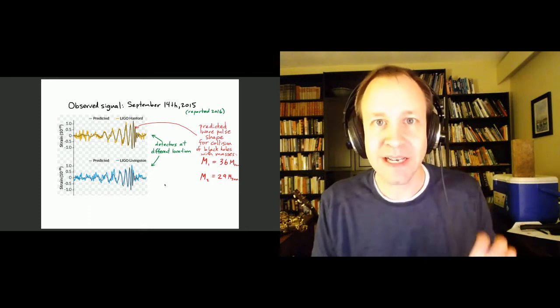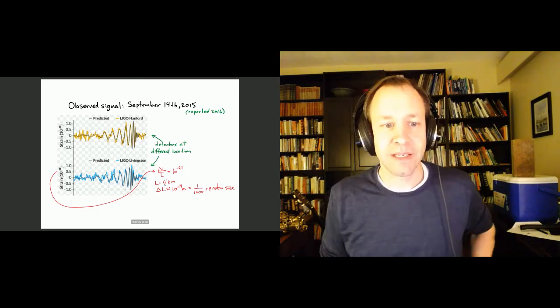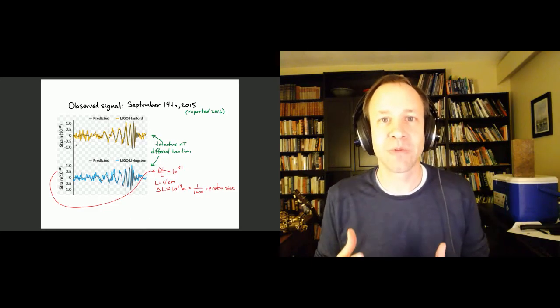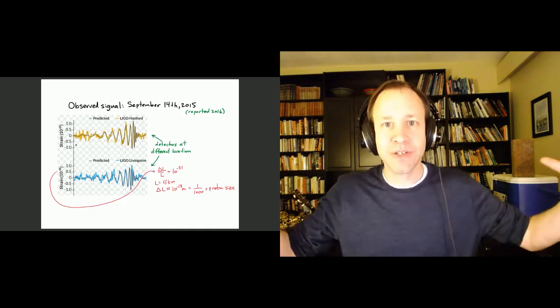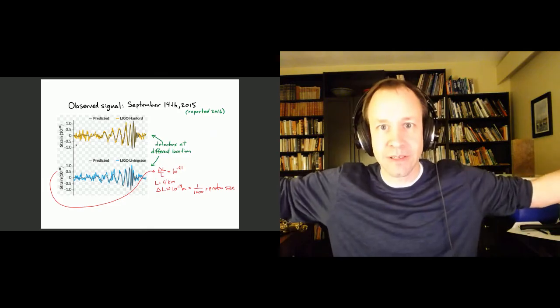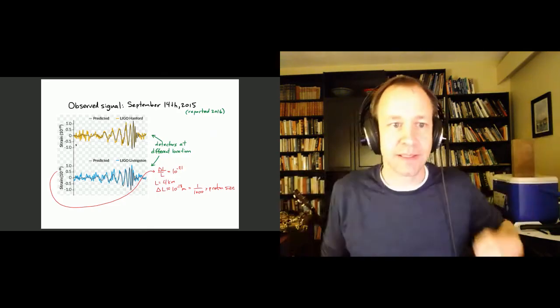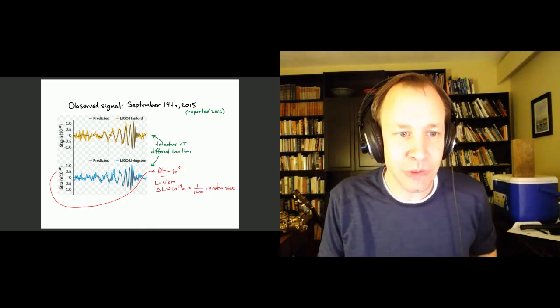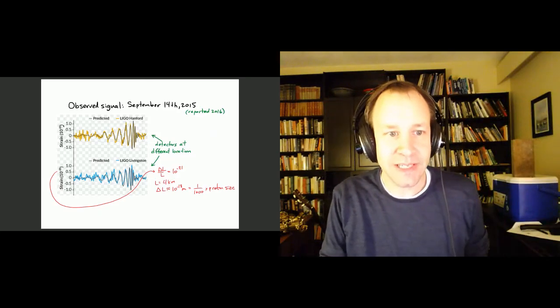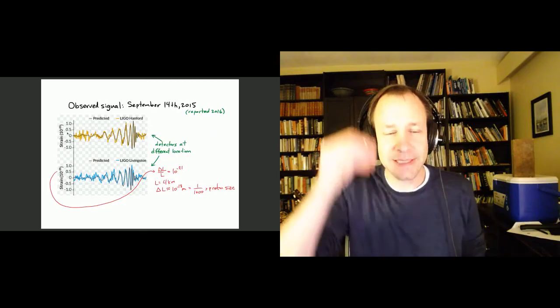Now, the last thing I want to point out is the y-axis here. So how big was this signal? How much change in distance did you have in this 4-kilometer long path length? And so you notice our old friend strain, which is delta L over L. And you see that the scale of this thing is 10 to the minus 21.